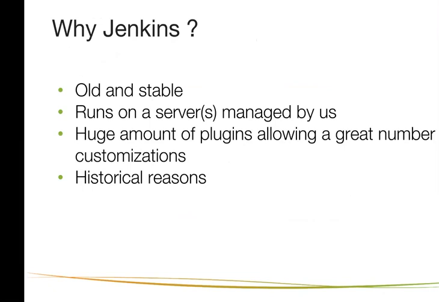And for historical reasons, because Marshall was using Jenkins for a long time, and all the deployment process is thought to be released and done with Jenkins. So that was maybe the biggest reason. And also because Jenkins allows us to do everything that the others allow us to do. So by changing the system, we will not gain anything. So we just kept the one that we know, the one that was basically built, and that's it.